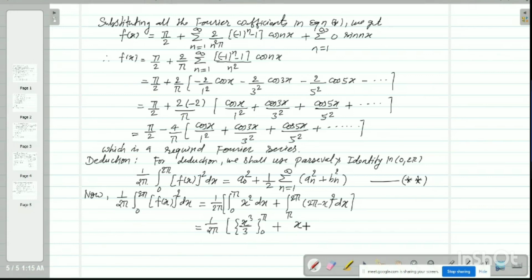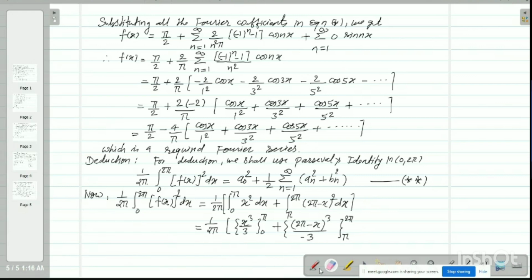So 2 pi minus x, raised to 3 by 3, but the coefficient of x is -1, from pi to 2 pi. You understood how to integrate this, or else just open this bracket and integrate each term. That would be lengthy, so I did it this way. Let us see whether the answer comes right.